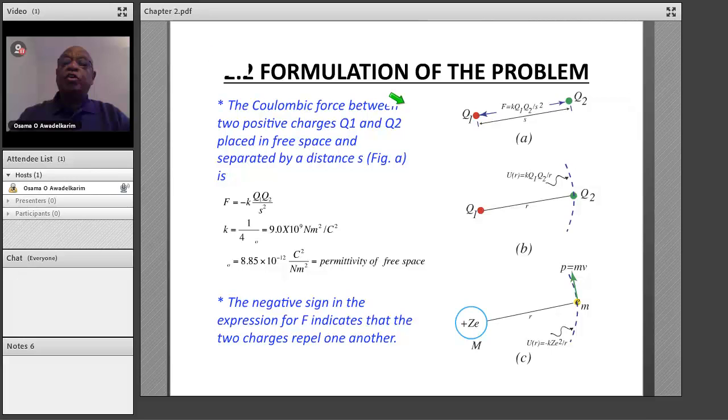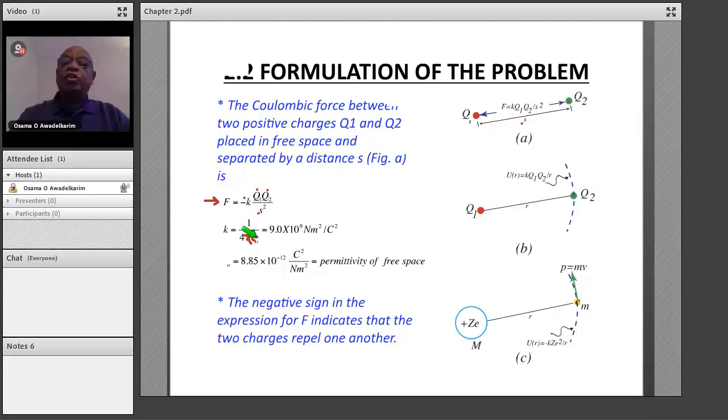We have a charge Q1 and another charge Q2, separated by a distance S. As we learned from electricity and magnetism, the force is equal to the product of the two charges divided by the separation squared, times a constant K. This constant K is actually 1 over 4 pi epsilon naught, where epsilon naught is the permittivity of free space.